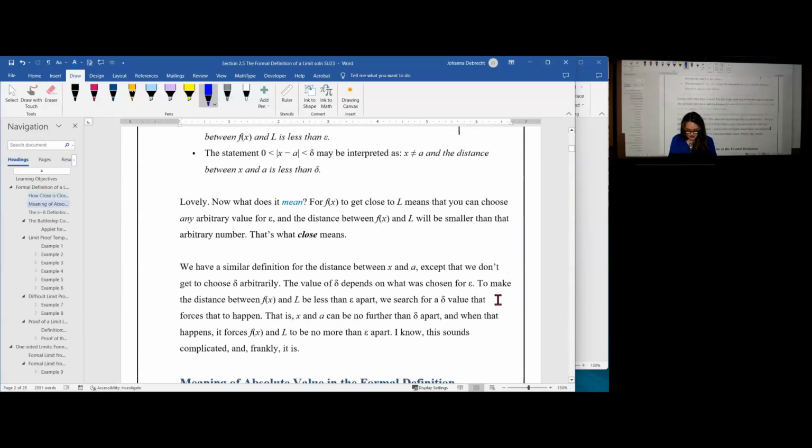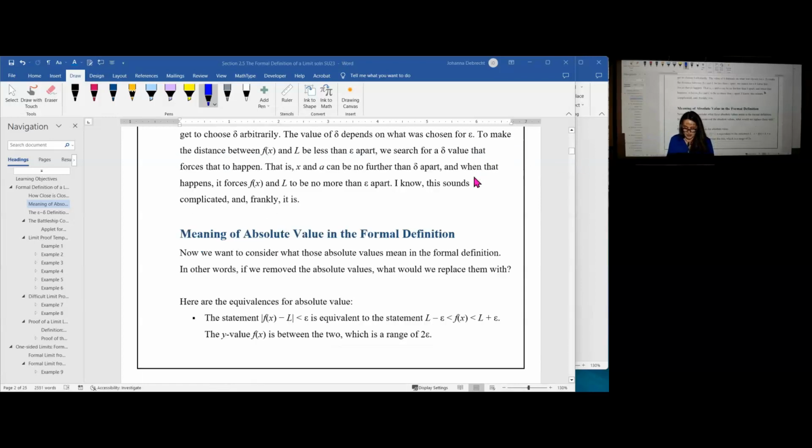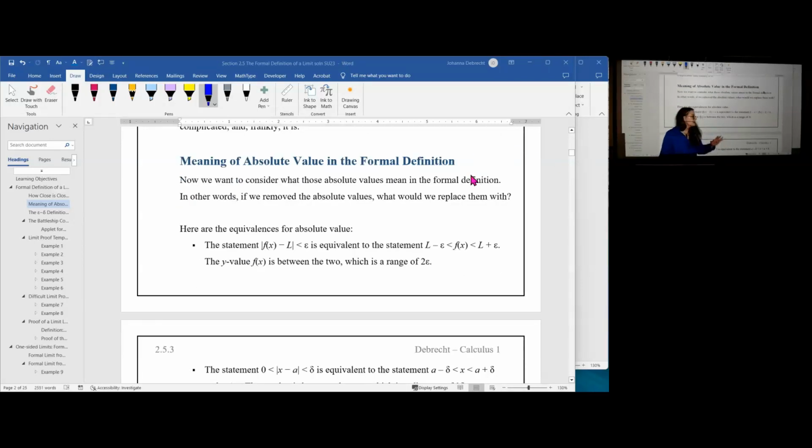Now, let's talk about the meaning of absolute value in the formal definition. When we write something in absolute value, what we mean is that if it is less than a positive number, then that means that this thing in the absolute value actually sits between epsilon and negative epsilon.